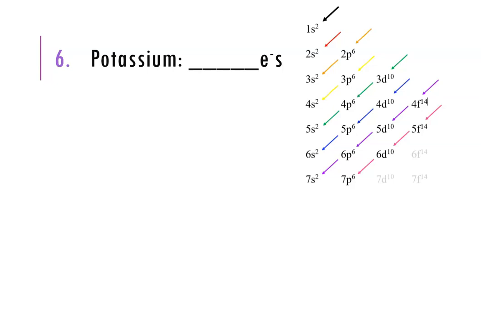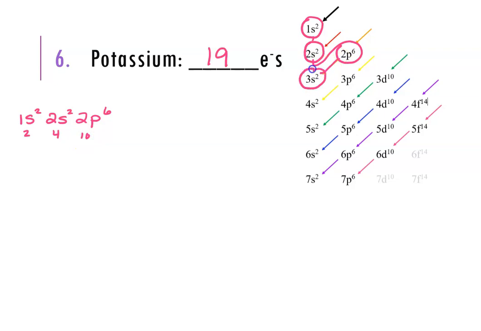Next up, we have potassium. If we go to our periodic table, we'll find that potassium is number 19, so it has 19 electrons. Again, I start with 1s2, and then 2s2, and that gives me 4. Then 2p6, so 4 plus 6 is 10.